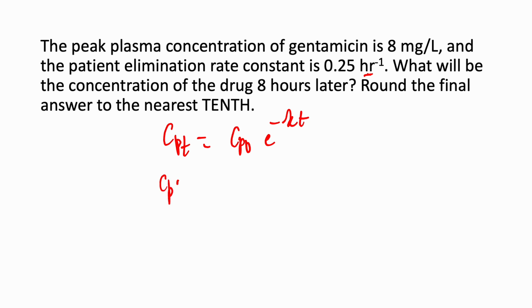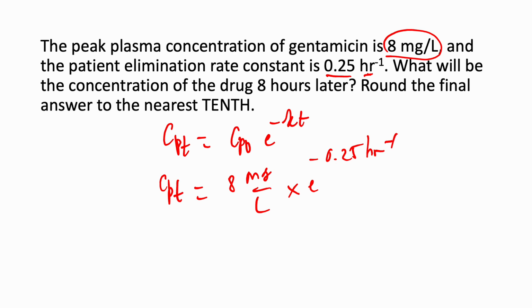So CPT will be equal to CP0 at the peak. We have here 8 milligram per liter times exponential minus K, here 0.25 per hour, and time T, they ask 8 hours later, so time 8 hours. So cross out the unit here.